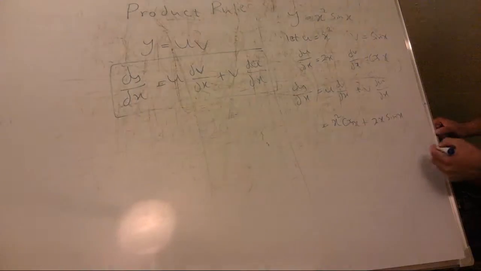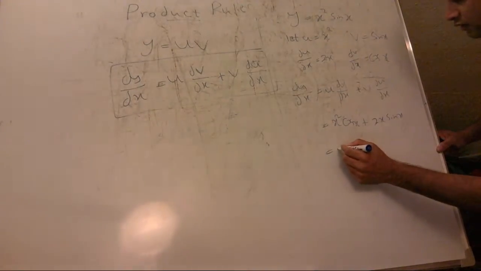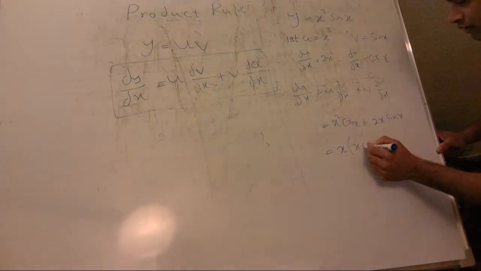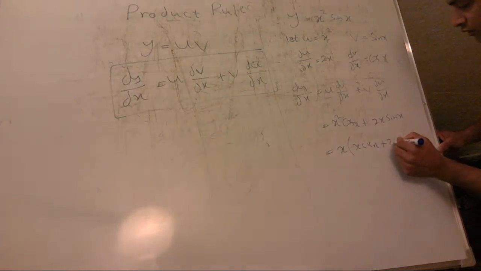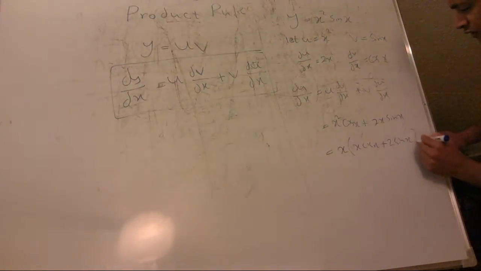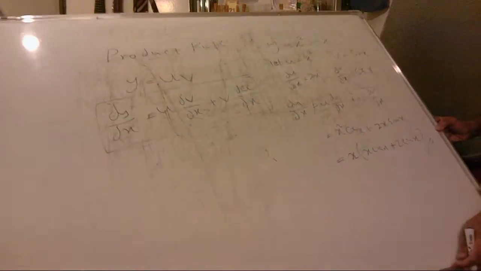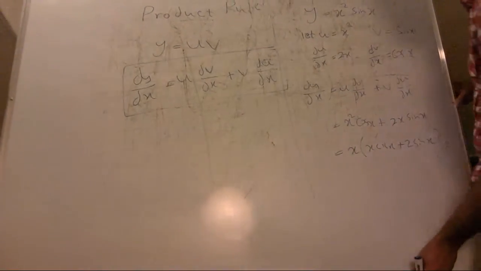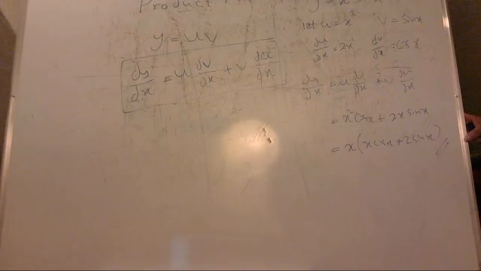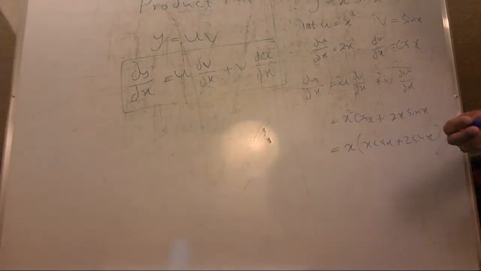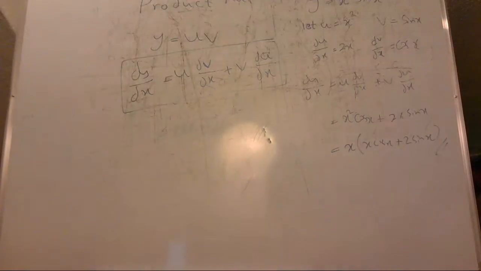So that's the answer. Or you could factorize this, you could take x out of the bracket, so that becomes x(x cos x plus 2 sine x). That is the final answer. Okay, so I hope that's clear, and I'll do a couple more examples just to show you that you can do many versions of this.